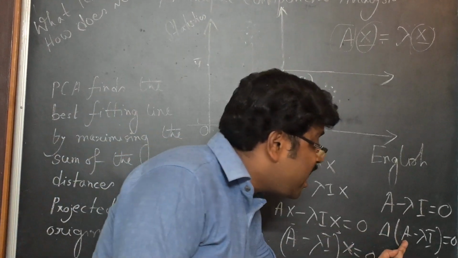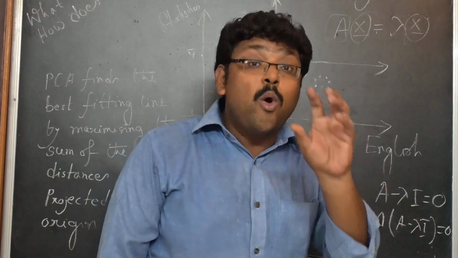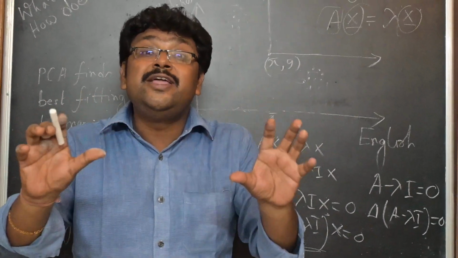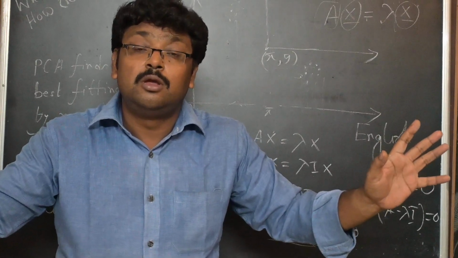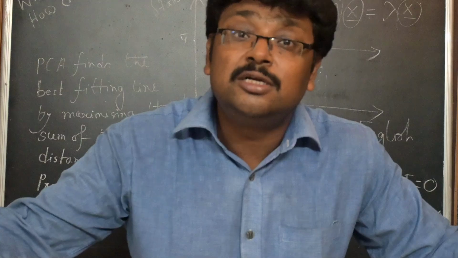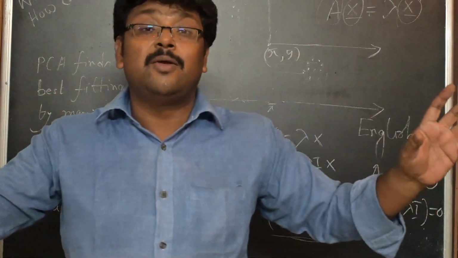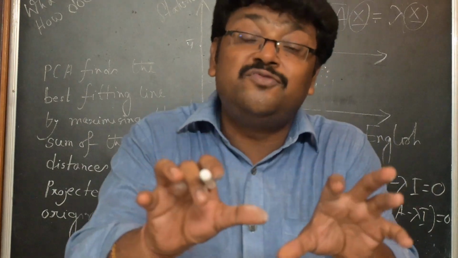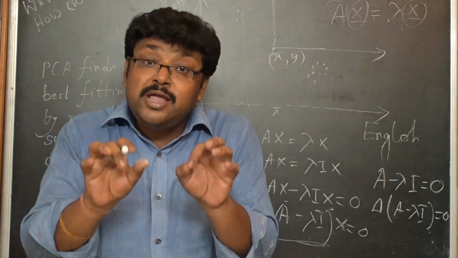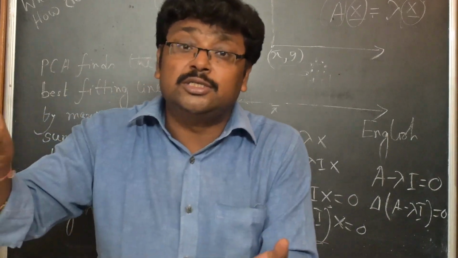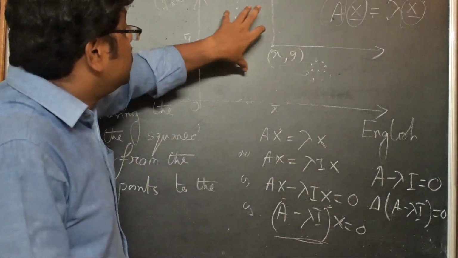Now what is A? A is nothing but the covariance matrix. From where have I found the covariance matrix? It is not very difficult. It is the values of the students, the obtained marks of the students that I have taken here.